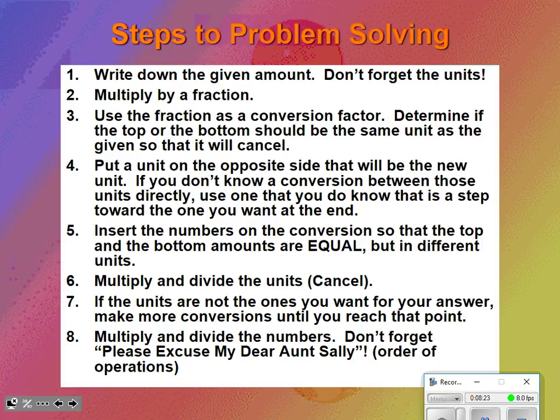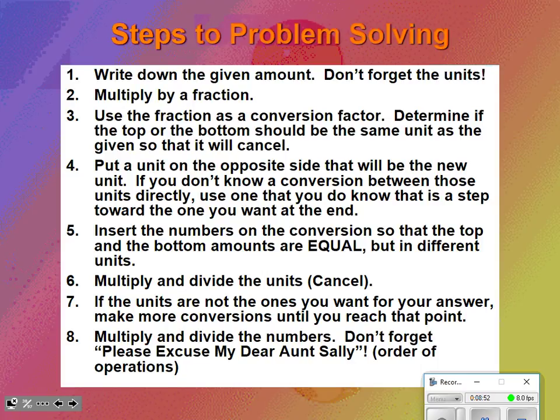Determine if the top or the bottom should be the same unit as the given so that it will cancel. Put a unit on the opposite side that will be the new unit. If you don't know a conversion between those units directly, use one that you do know. That is an intermediate step.